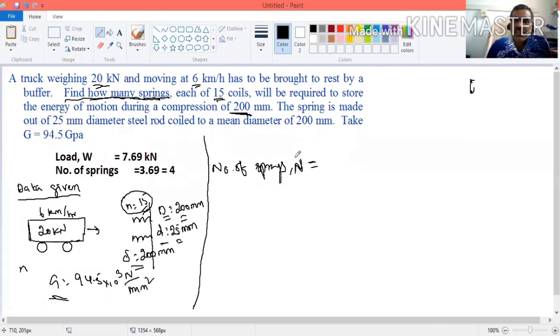How to calculate the number of springs? We have this much energy that is brought to rest by some number of springs.